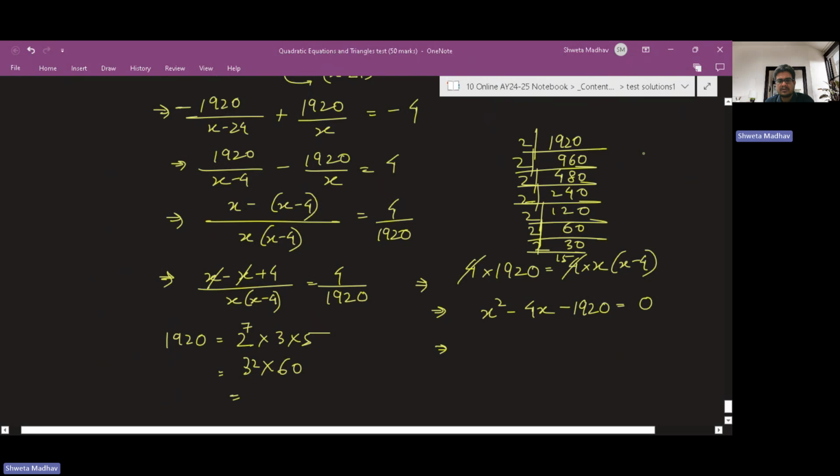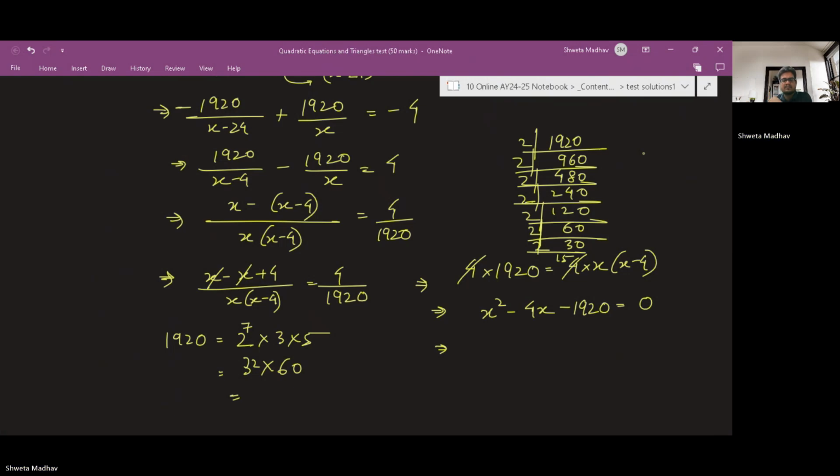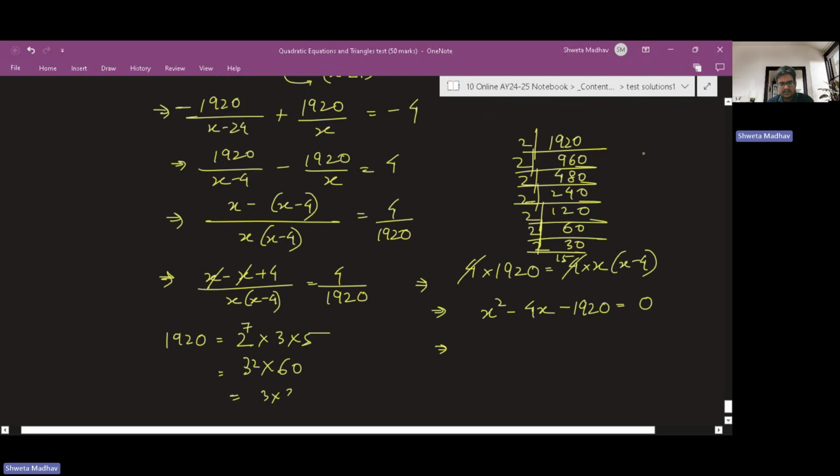Then 3 into 32, 3 into 32 into 20 is 96 into 20.